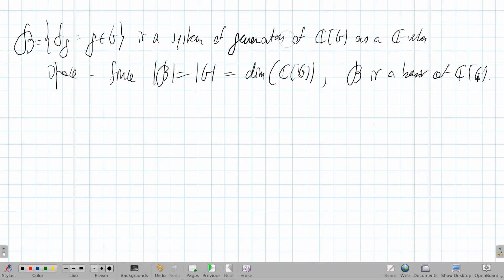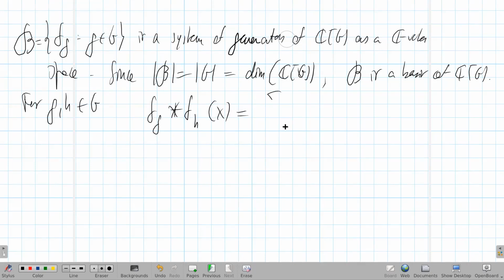But in practice, the delta g are not written delta g, and the reason is that if you consider g and h in G, then you can consider the convolution product of delta g and delta h. So you compute it in x. What's this?